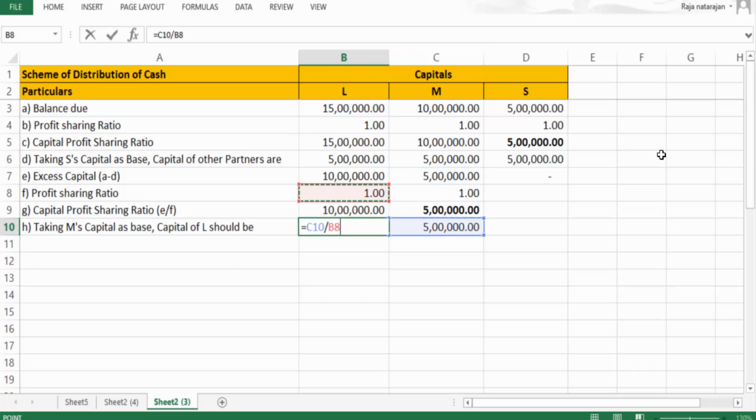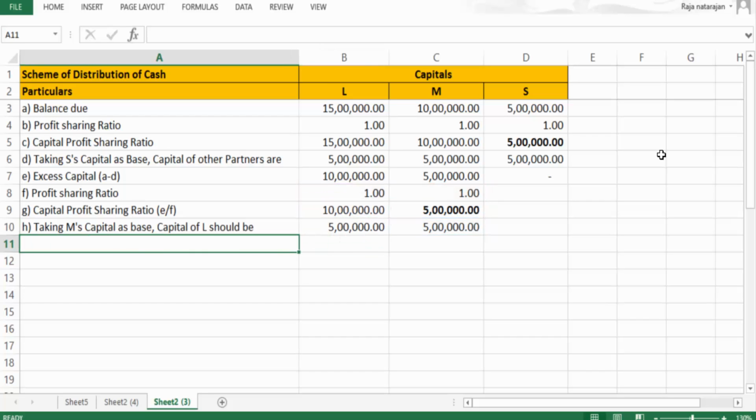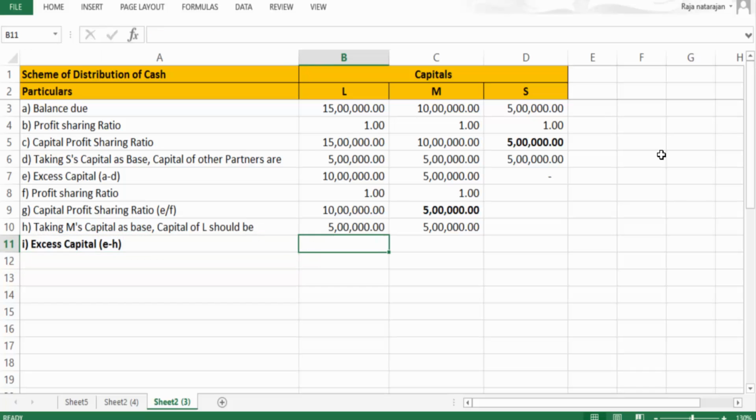If this 5 lakh is for 1, so 5 lakh divided by 1, what is for this one? It also works out to 5 lakh. So now we can arrive at excess capital. Excess capital is nothing but item number E minus item number H. So let's calculate. It's this 10 lakhs minus 5 lakhs.